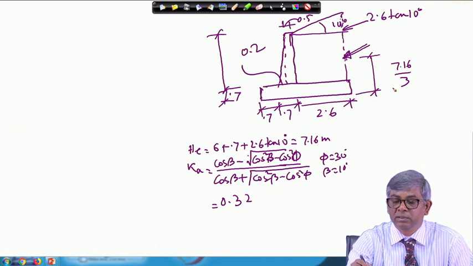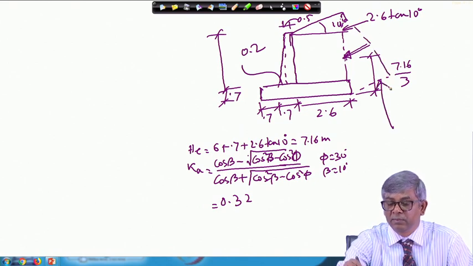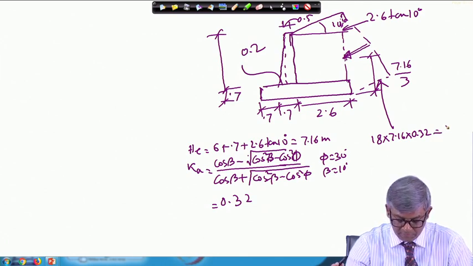Suppose I imagine a pressure diagram something like this. This pressure diagram will be gamma, 18, multiplied by H, 7.16, multiplied by Ka, 0.32. So, this will be whatever it comes.